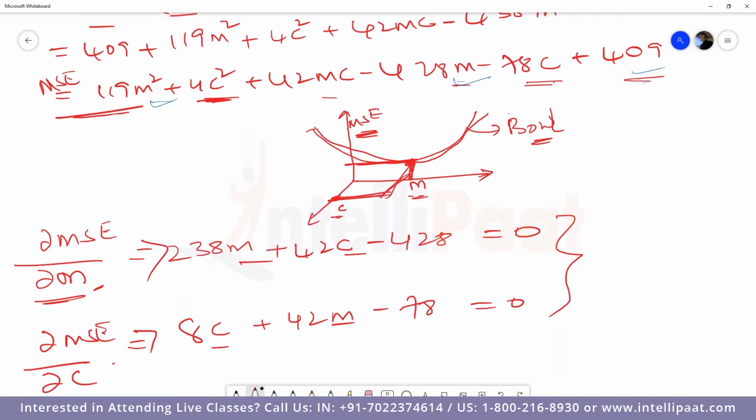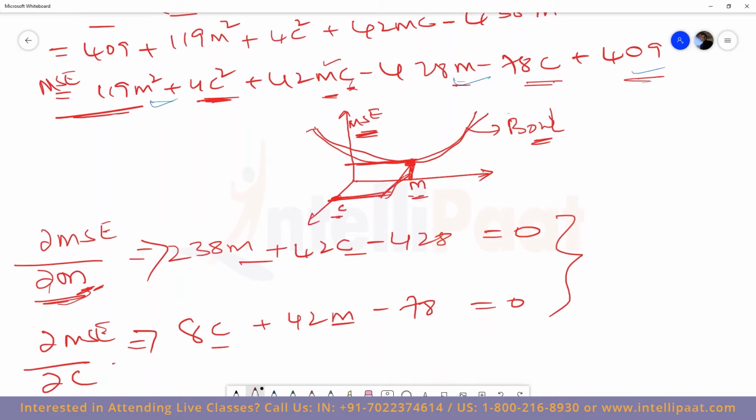Should 42mc be 0? No. When I'm differentiating with respect to m, c becomes a constant. So I get 42c. There is 42mc, and m is still there, so that will never become 0. It will only become 42c.